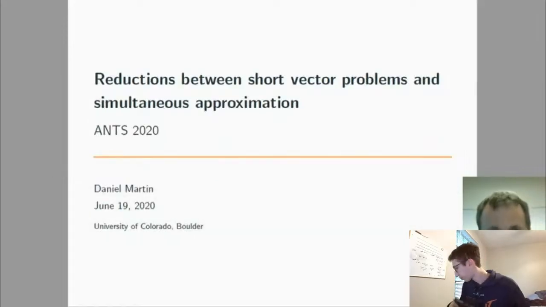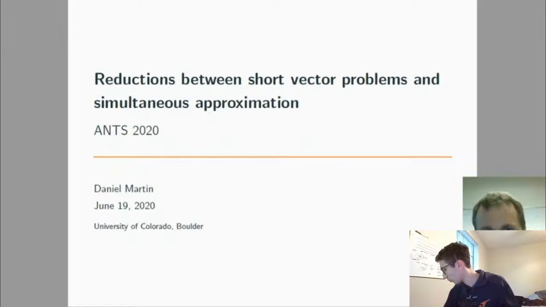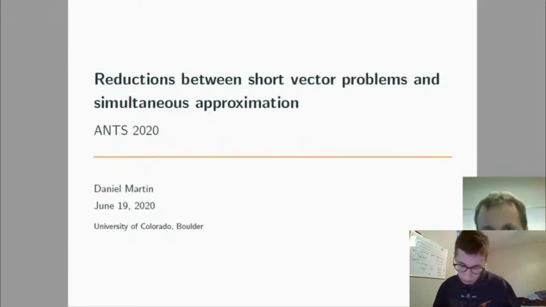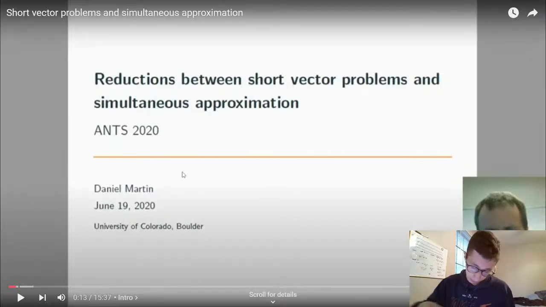Hello, fellow ANTS participants, and anyone else that might watch. I'm Daniel Martin, and I'm going to talk about two types of lattice reduction problems, a short vector problem and simultaneous approximation. Let me get my notes ready here.